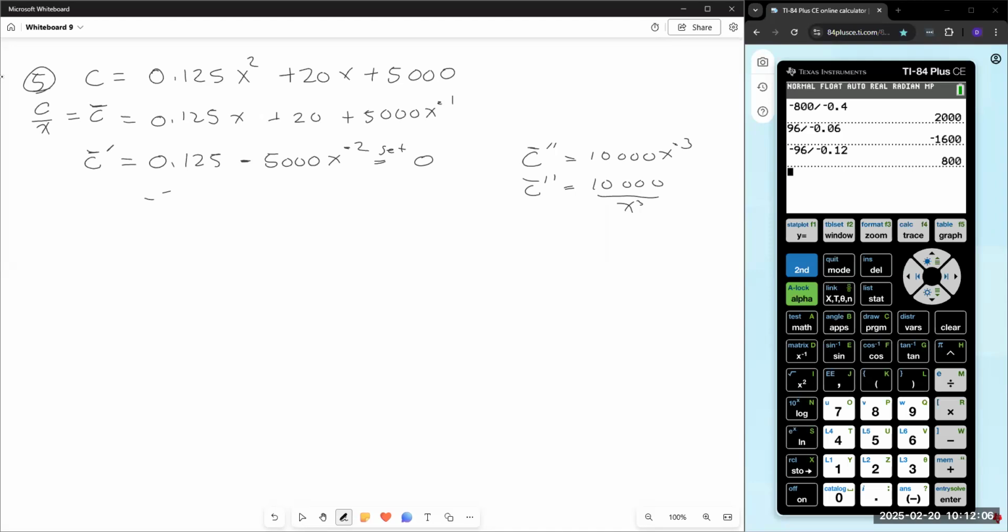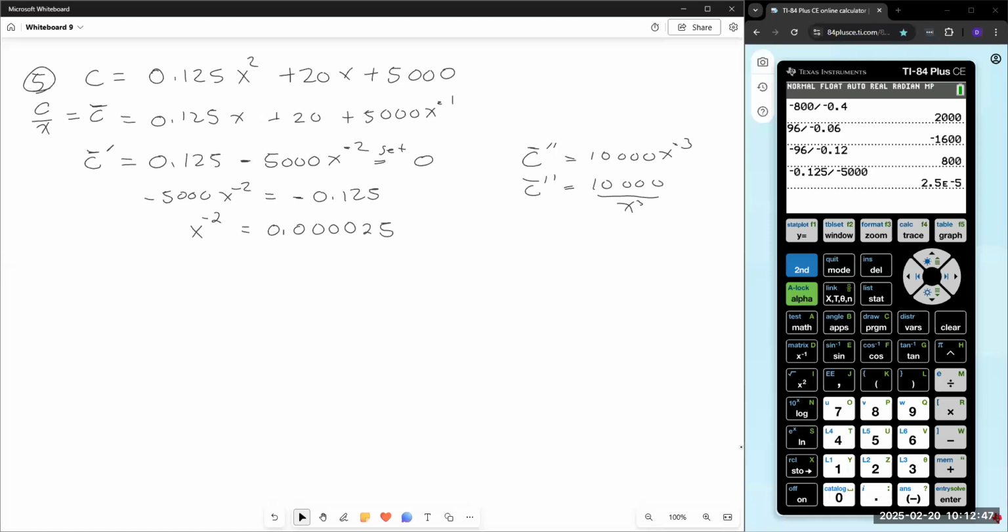So negative 5,000 x to the negative second is equal to a negative 0.125, and that negative 0.125 divided by a negative 5,000 is x to the negative second is 0.0000025.